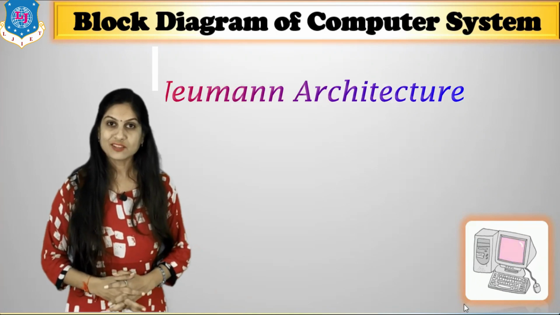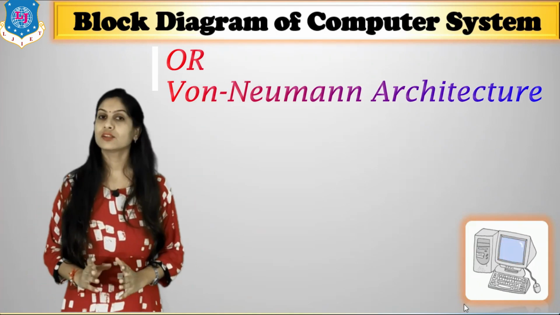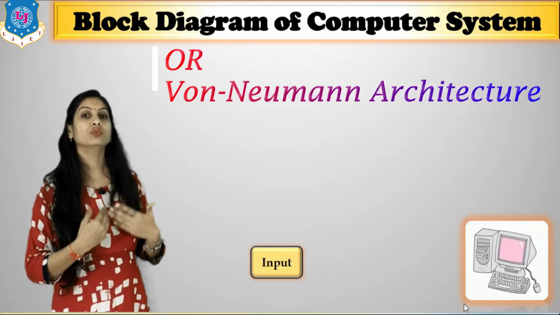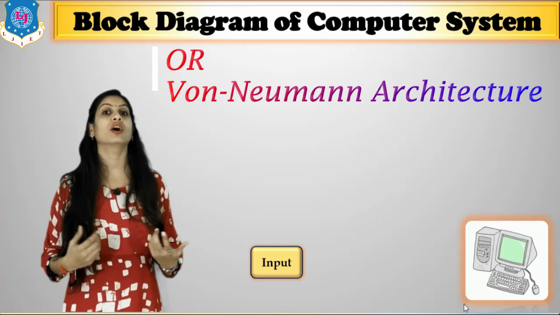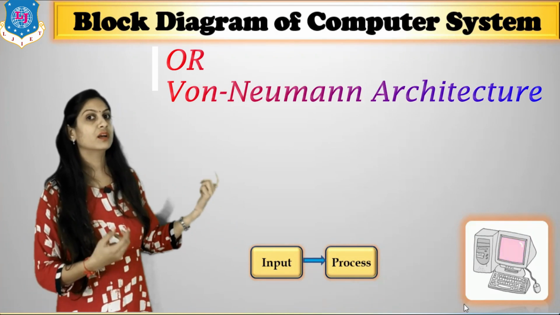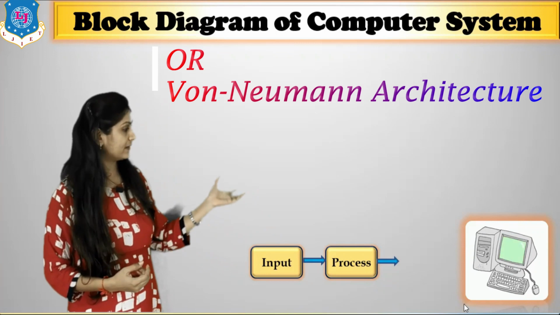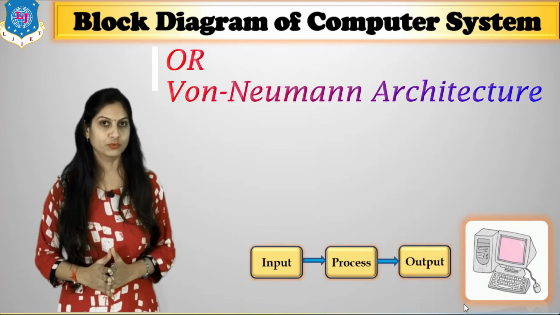So what is the actual computer? The computer is nothing but an electronic device that takes input from the user. The input can be data or information or instructions. That input is taken from the user, the device processes that data and generates some meaningful information as an output.